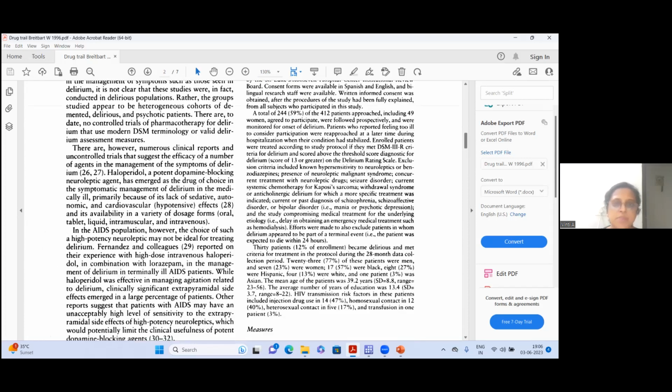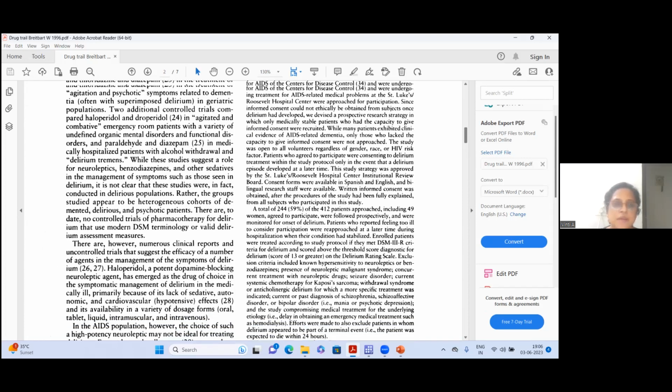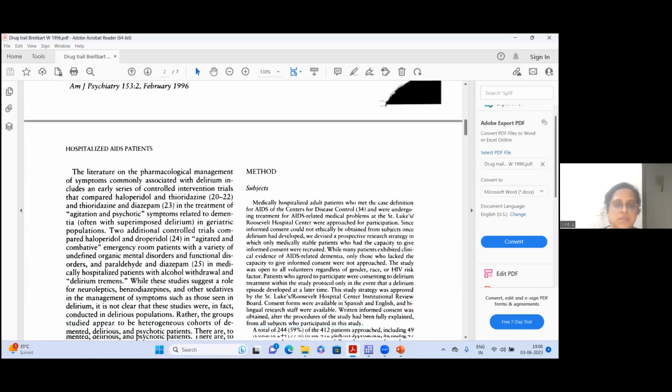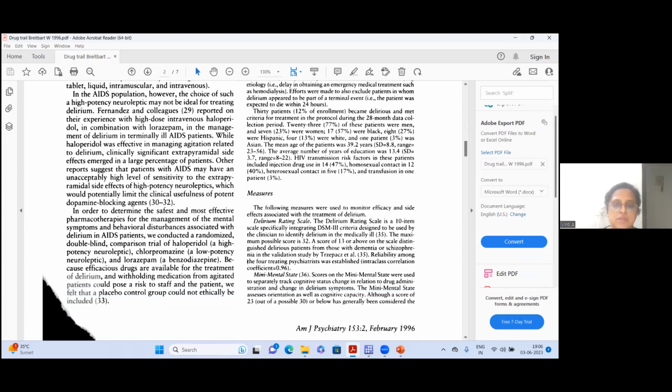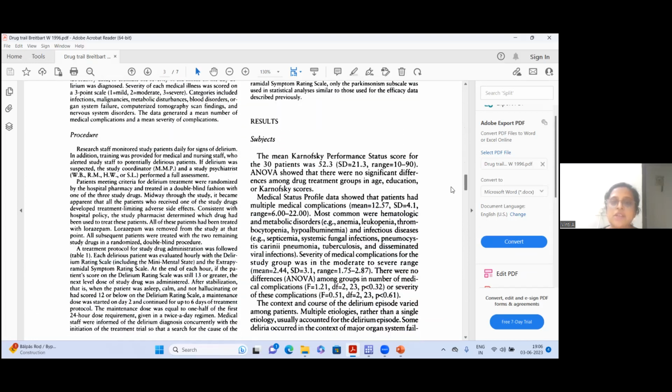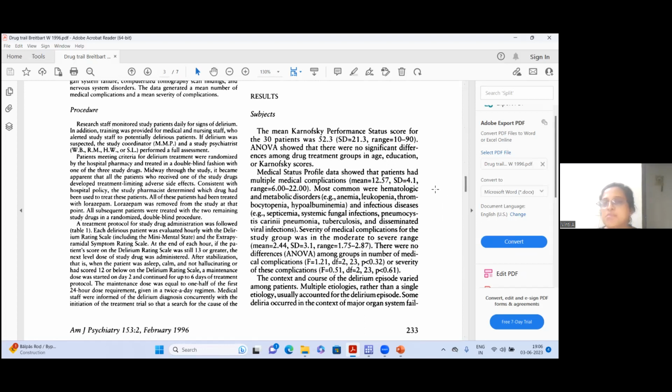I'll send you this paper. There was also something called the Karnofsky Performance Status score that they had done. So these were the three scales that they were using.